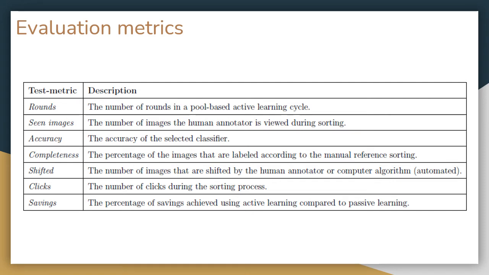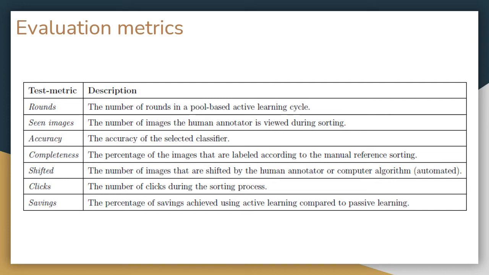The first metric is the number of rounds in our pool-based active learning cycle. Then we have the seen images that the human annotator viewed during the sorting. We, of course, also evaluate the accuracy of the classifiers. We have the completeness percentage of the images that are labeled according to a manual reference sorting.